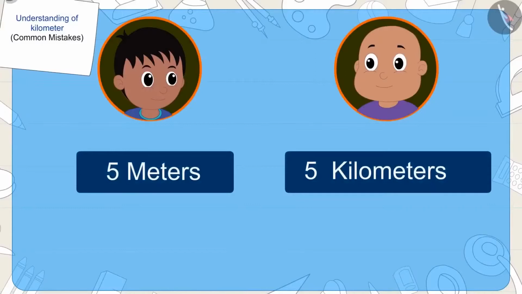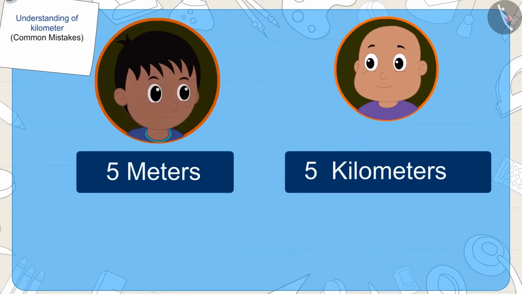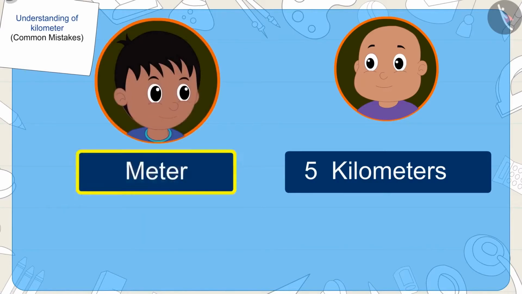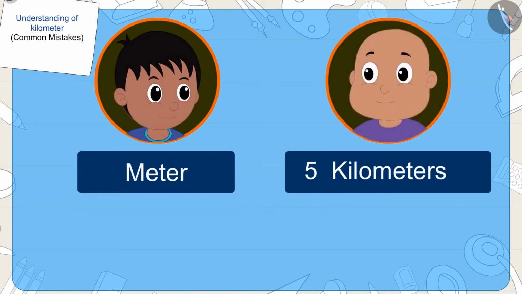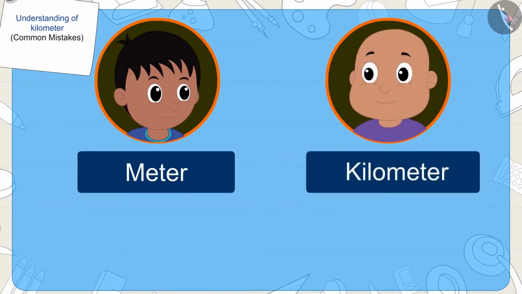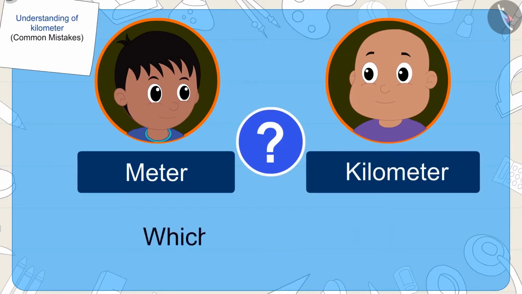Even though in the distance numbers of Raju and Bablu's houses, 5 is the same, the distance unit of Raju's house is in meters and the distance unit of Bablu's house is kilometers. And kids, you do know which one of these two units is bigger, don't you?